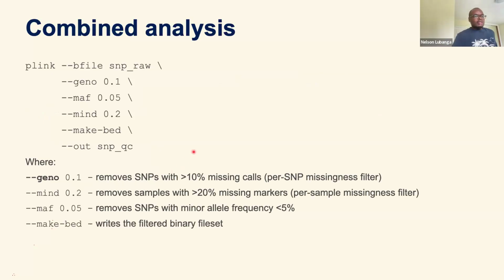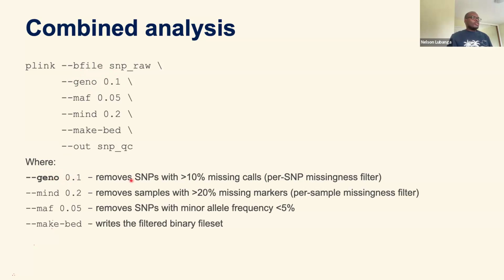Lastly, we want to combine all the analyses in one. Instead of doing a single analysis, say removing markers with a threshold or minor allele frequency, we put everything in one single command using PLINK. You call the bfile, then the thresholds.